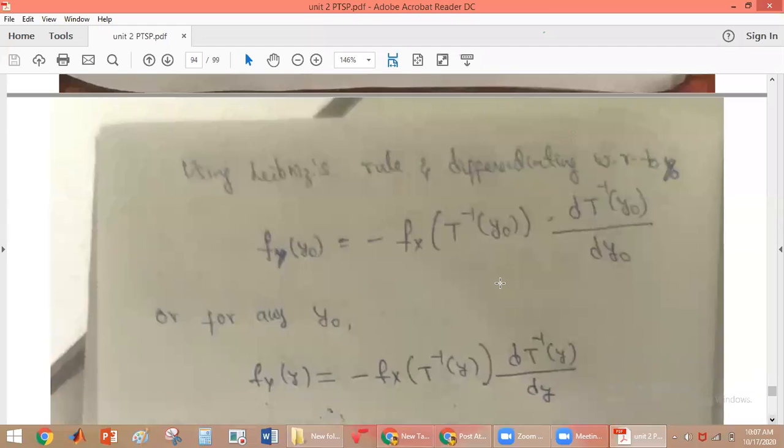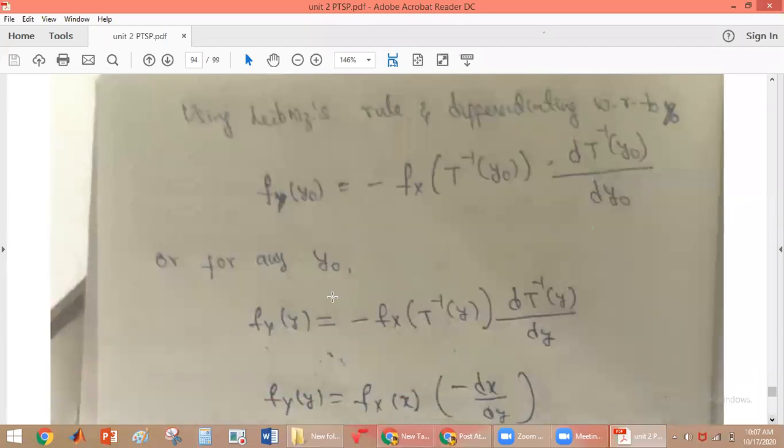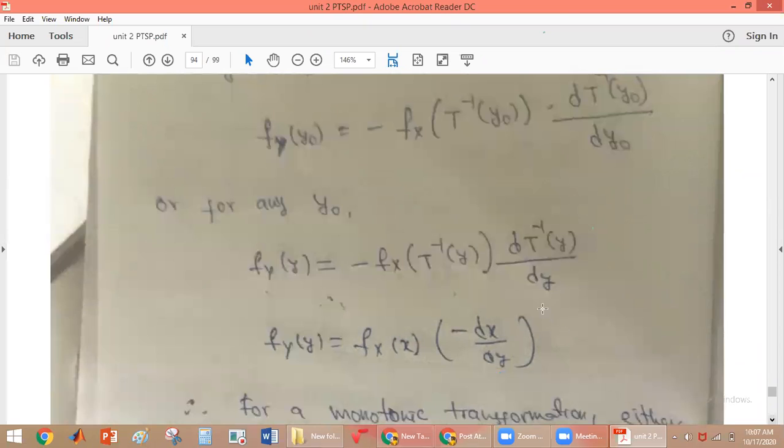In general we write y instead of y naught. So this can be written as fy of y is equal to minus fx of T inverse y times dT inverse y by dy.